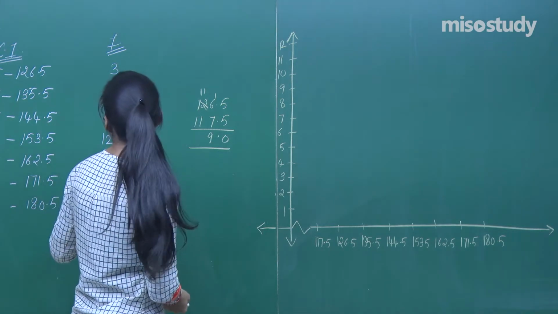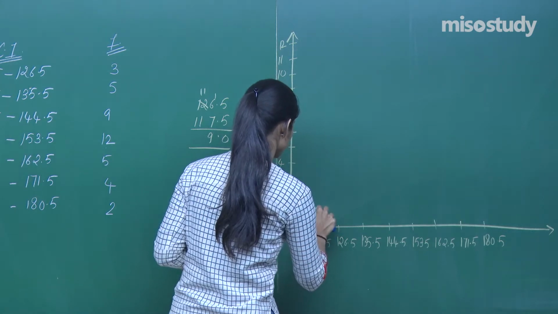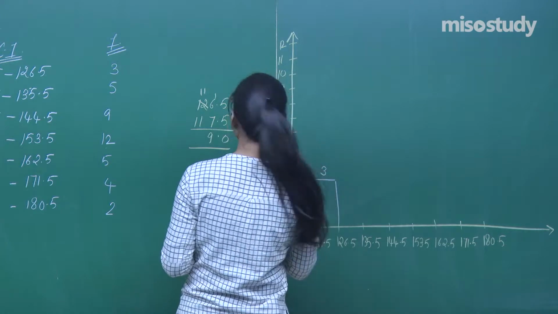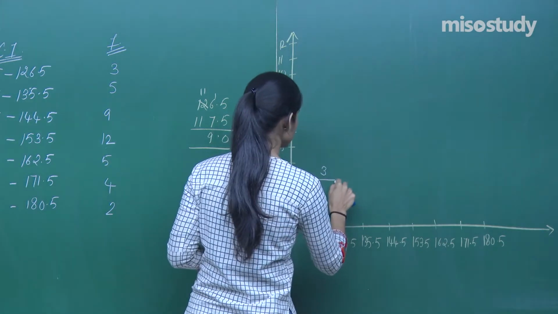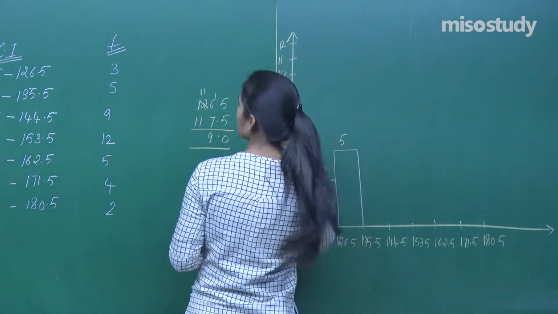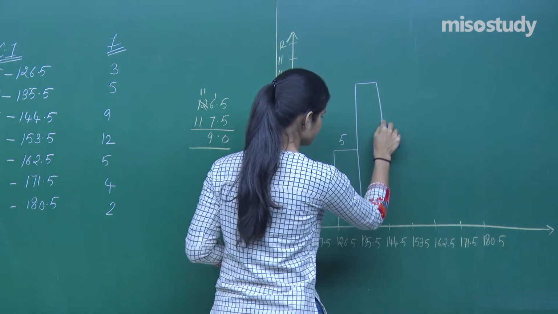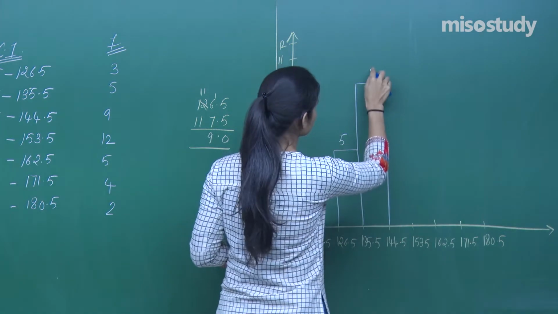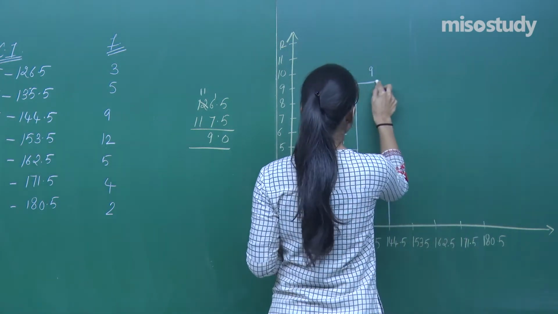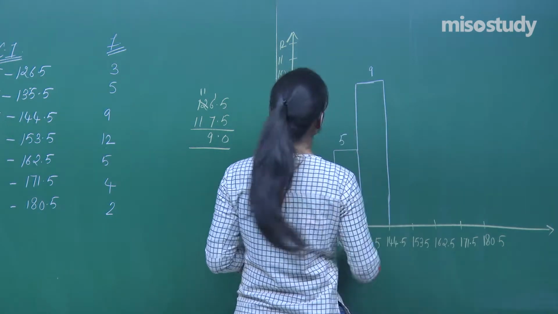Now you have 117.5 to 126.5, it is 3. So you have it like this. That's how you draw 3. The next is 5. So you have it as 5. Next is 9. So you have it till 9. Then you have 12.